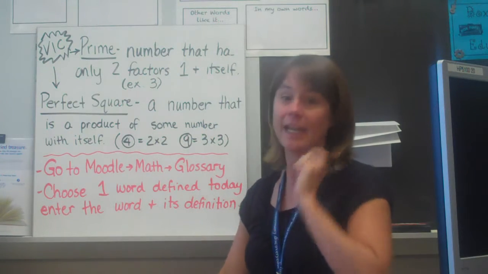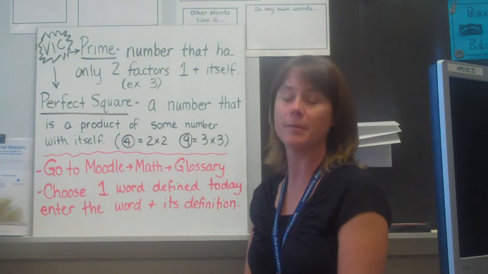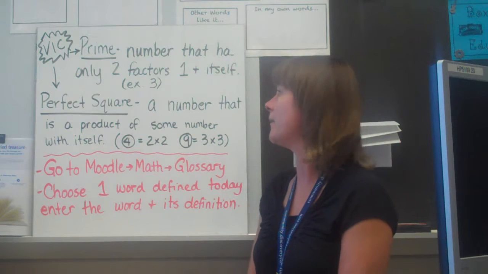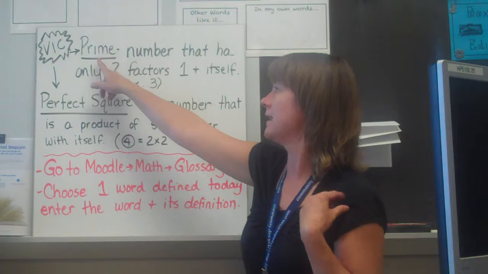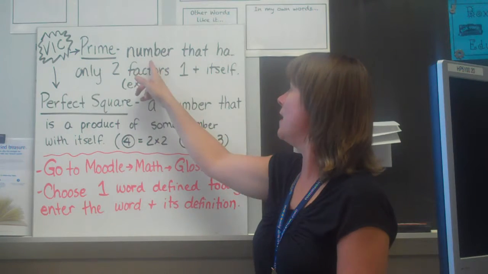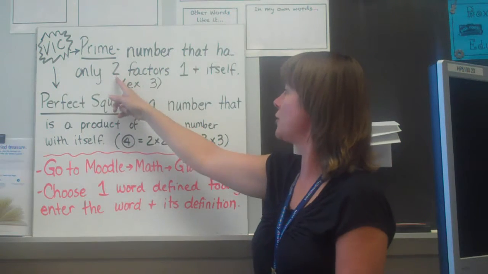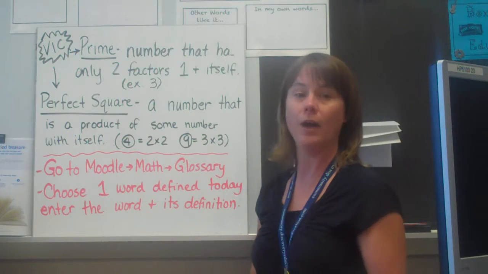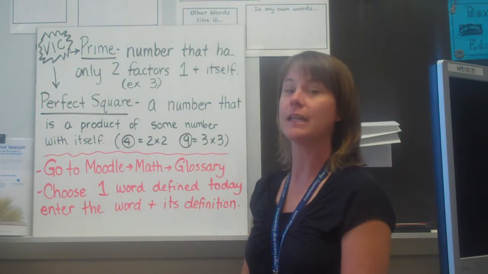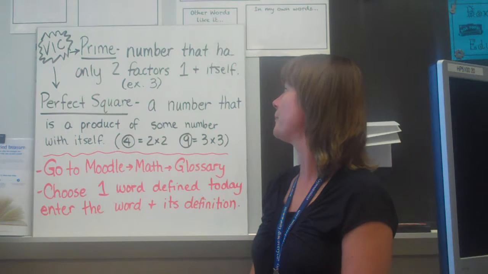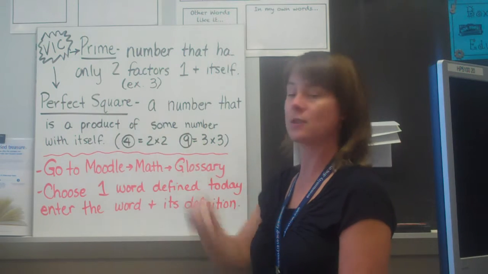Now we're going to be playing a game in class to help with this perimeter and area of a rectangle. And there are some words that you're going to need to know. First is prime, a number that has only 2 factors, 1 and itself. Notice that I have this written as a VIC, and I do want you to write this down. Perfect square.